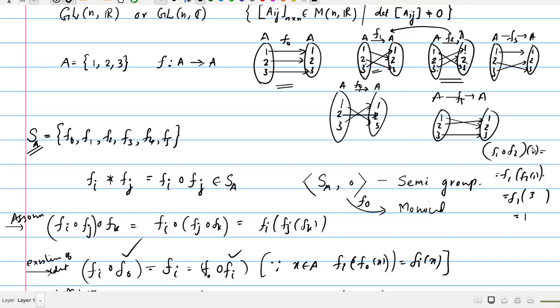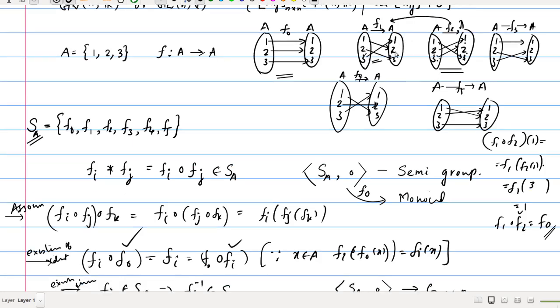So f1 composition f2 maps 1 to 1, 2 goes to 2, 3 goes to 3. So that will give the identity element. So we can say that f1 composition f2 is in fact f naught. Okay, so this proves that f2 is the inverse of f1, or f1 is the inverse of f2. Similarly you can evaluate all the inverses for elements of this S_A.